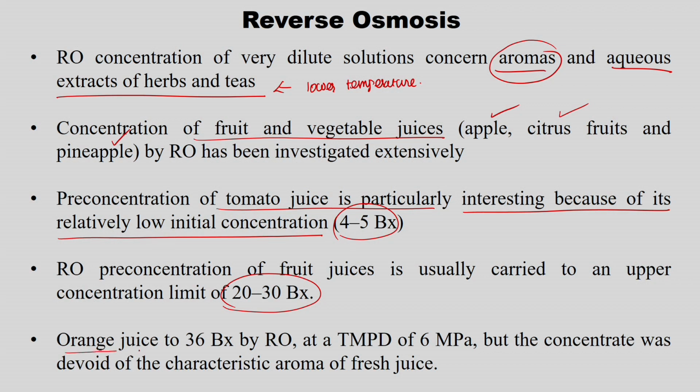The same way, orange juice was concentrated to 36 Brix by RO at a TMPD, which is nothing but transmembrane pressure difference, of 6 megapascal, but the concentrate was devoid of the characteristic aroma of fresh juice. This is what I just mentioned, right.